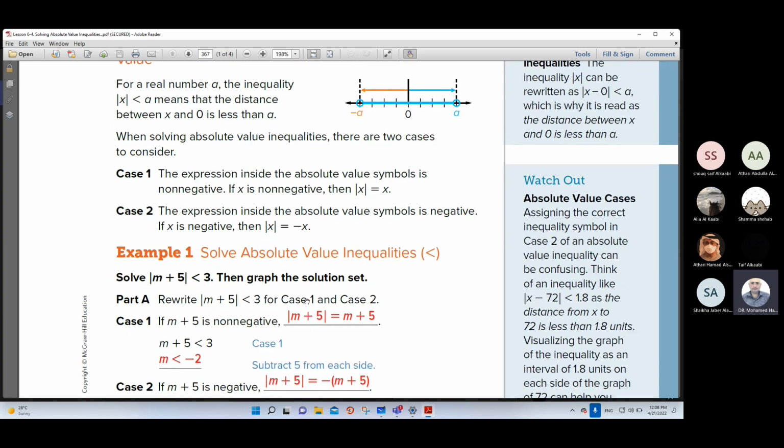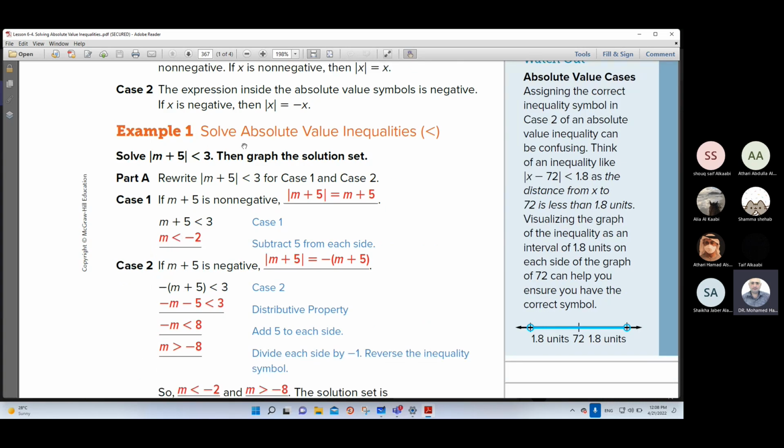Example: solve absolute value inequalities using this sign, less than. Solve the absolute value of m plus 5 less than 3, then graph the solution set. So rewrite the same inequality for case 1 and for case 2.